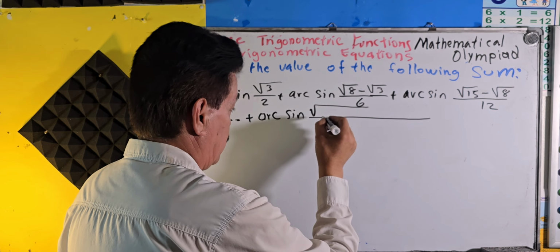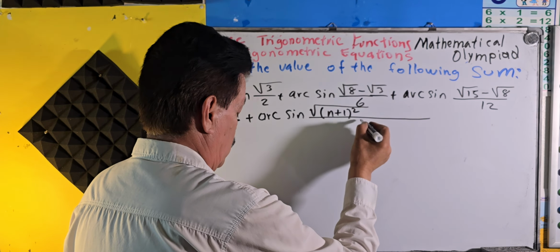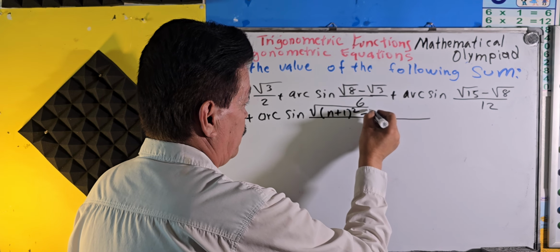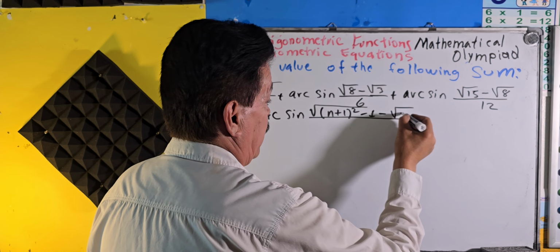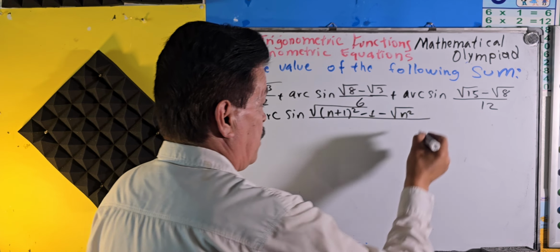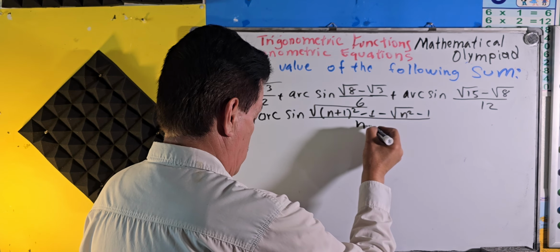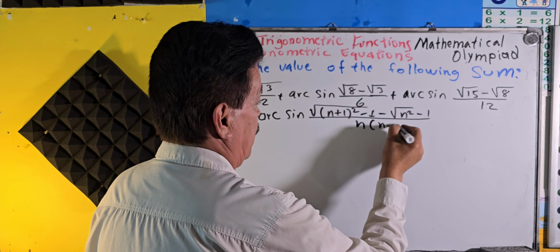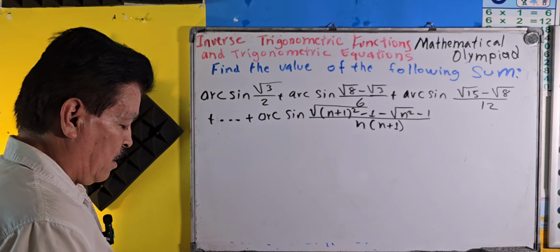Right here we have the square root of (n plus 1) squared minus 1, minus the square root of n to the second power minus 1, divided by n times (n plus 1).